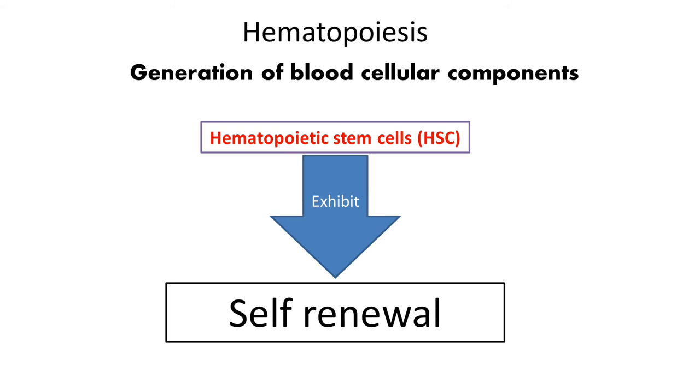Now this actually makes sense because all the white blood cells, platelets and RBCs are produced throughout one individual's lifetime. So to produce new RBC, WBC or platelets, obviously there should be a stock hematopoietic stem cell population. And to have a stock population, the population should always be maintained, and this maintenance is done by the self-renewal property.